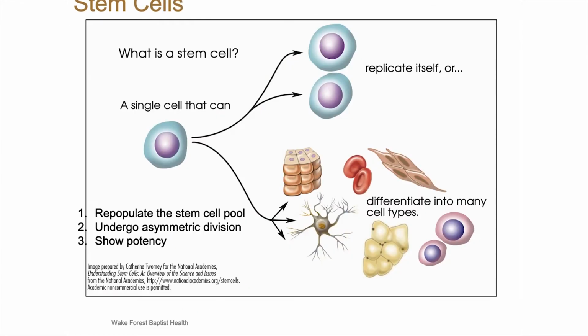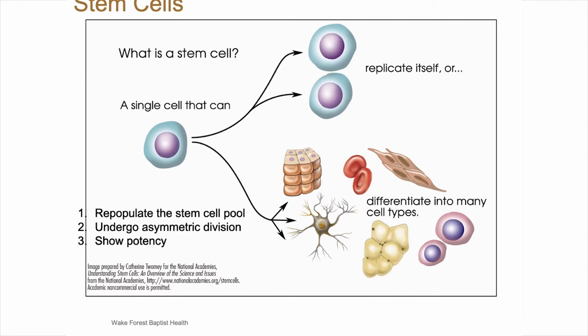So stem cells, what is a stem cell? These are the stem cells that we use in regenerative medicine. There are 3 properties to a stem cell. The first one is that it can replicate itself or repopulate the stem cell pool. So if you injure yourself and your stem cell gets activated, you want to keep those stem cells there for the next time you injure yourself.